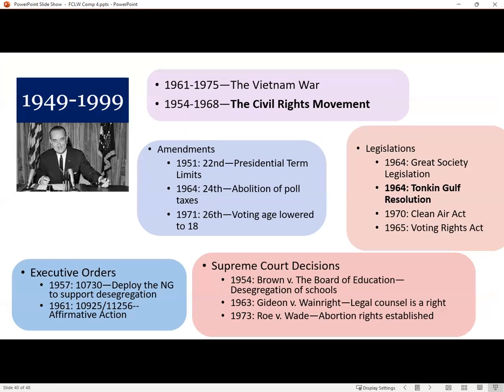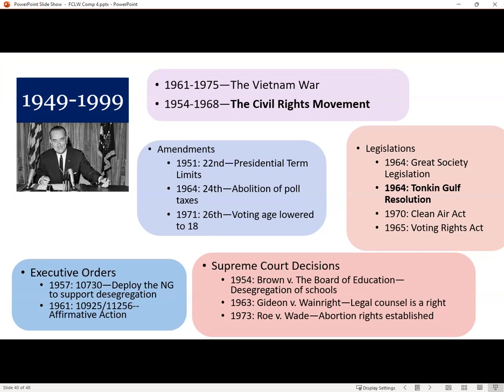Then in 1949 to 1999, we had another war in 1961, in this time period, the Vietnam War, and we had another great push for civil rights. So some of the amendments that were done were presidential term limits, and we got rid of poll taxes.